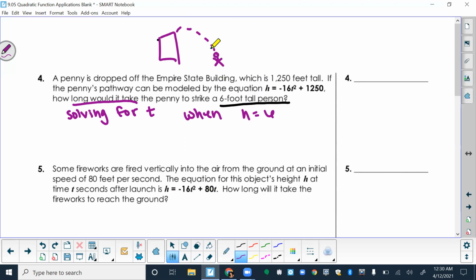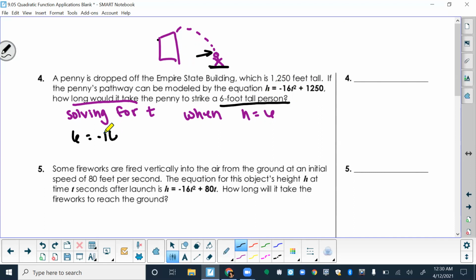We want to know when it reaches here, so not quite the ground underneath. We want to know when it reaches a 6-foot tall person. So that means I'm going to replace my h with a 6.